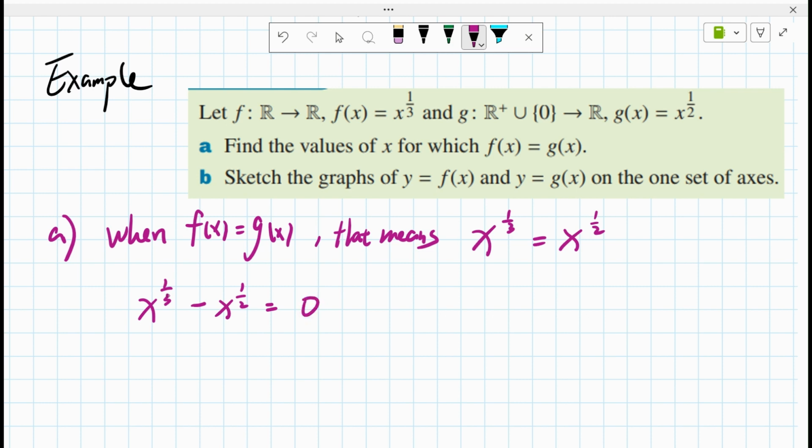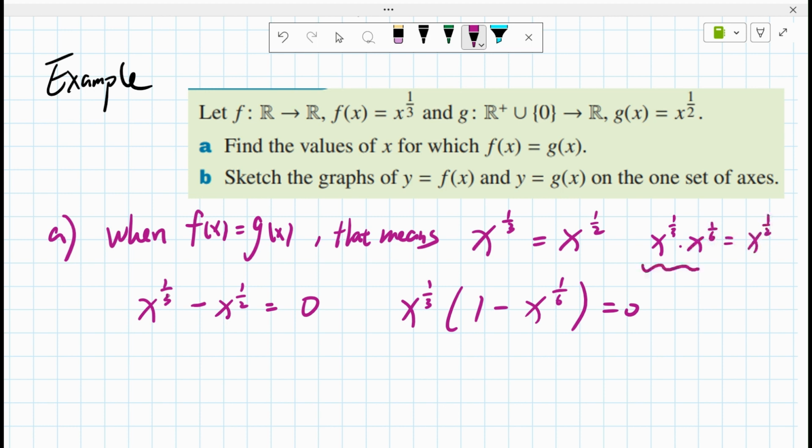And I move the x to the 1/3 outside the bracket: x to the 1/3 times (1 minus x to the power of 1/6) equals 0. Guess why 1/6? Think about it: x to the 1/3 times x to the 1/6 actually equals x to the power of 1/2. That's the index law here, so I'm using the reverse of the index law.